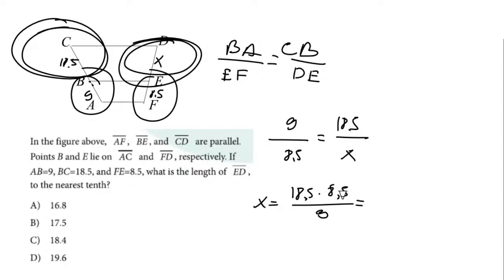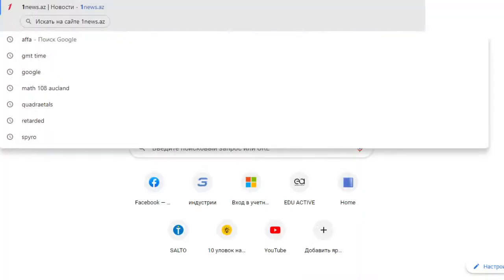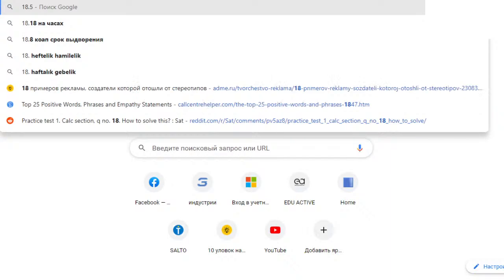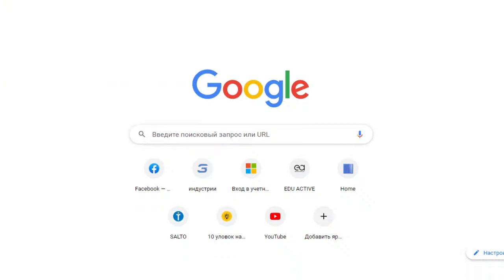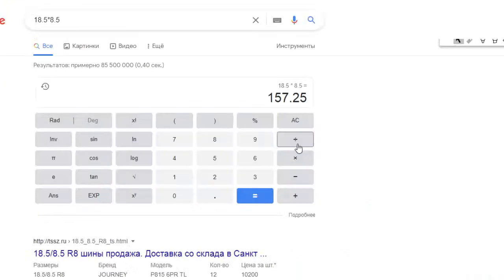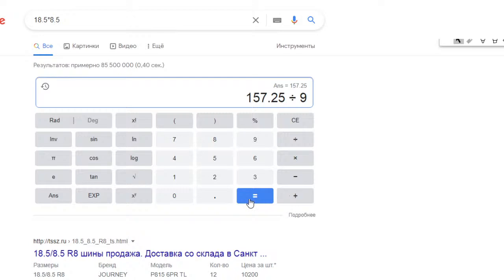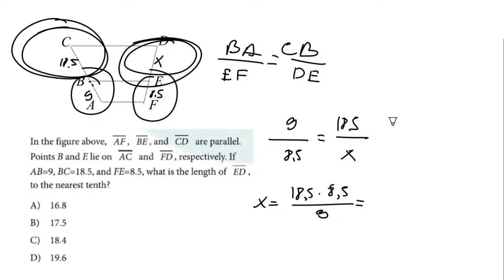If we use a calculator here, 18.5 multiplied by 8.5 and divided by 9, we get 17.47, or about 17.5. B is the answer.